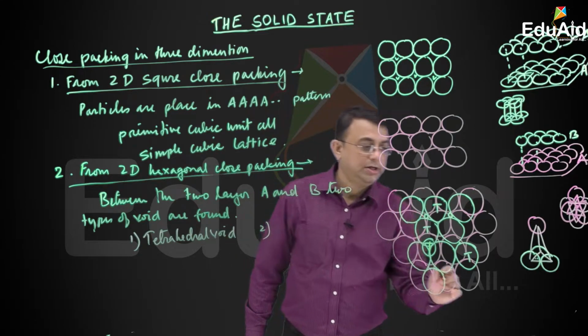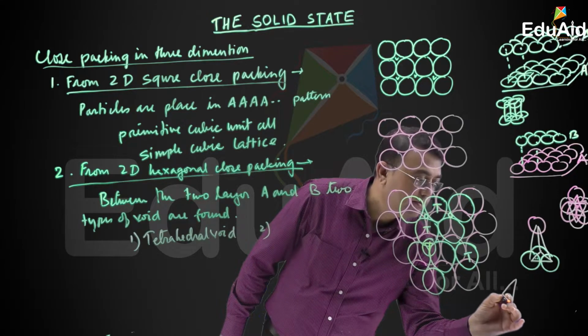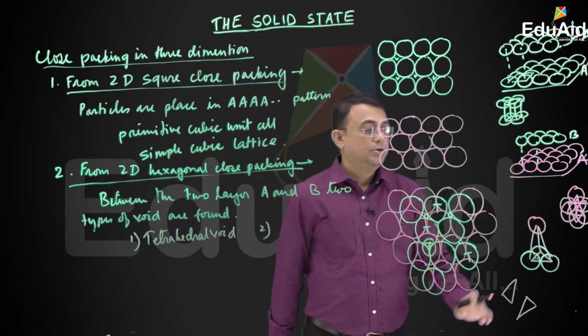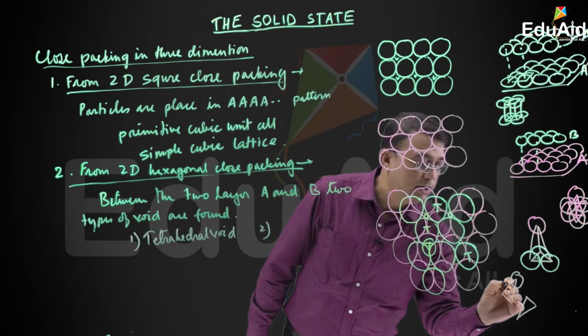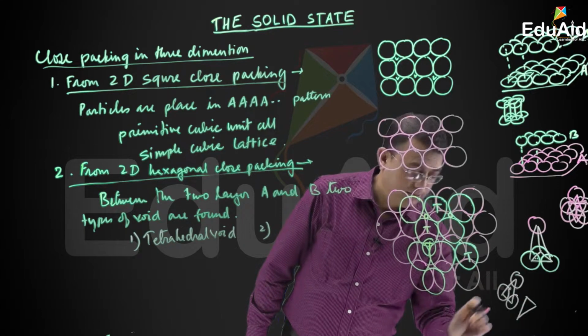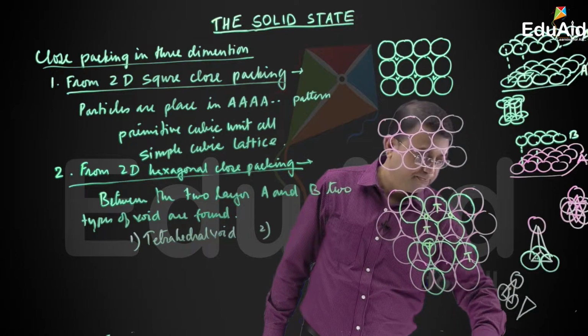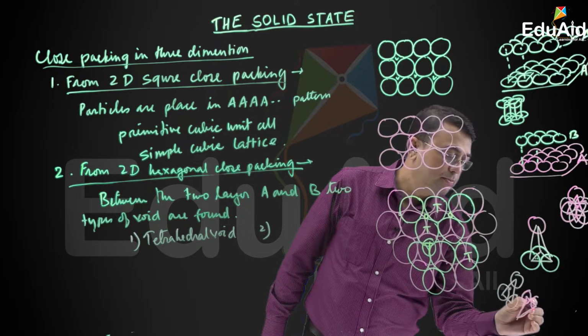Now if we draw it in this form, just look at this. এইখন এখন triangle, triangular void, এইখন এখন triangular plane. These two triangular planes. Now there are 3 particles at this triangular plane, and there will be 3 particles in the other triangular plane. This is the other triangle, these are the 3 particles.